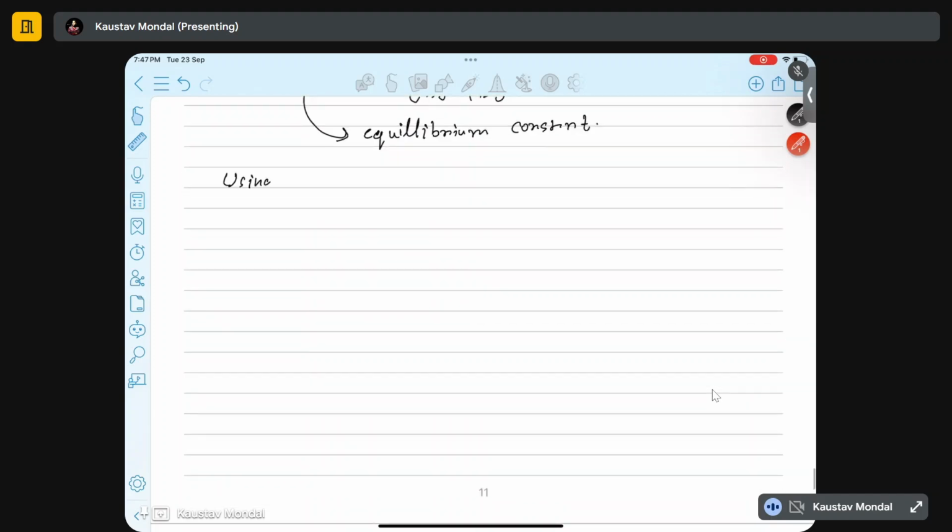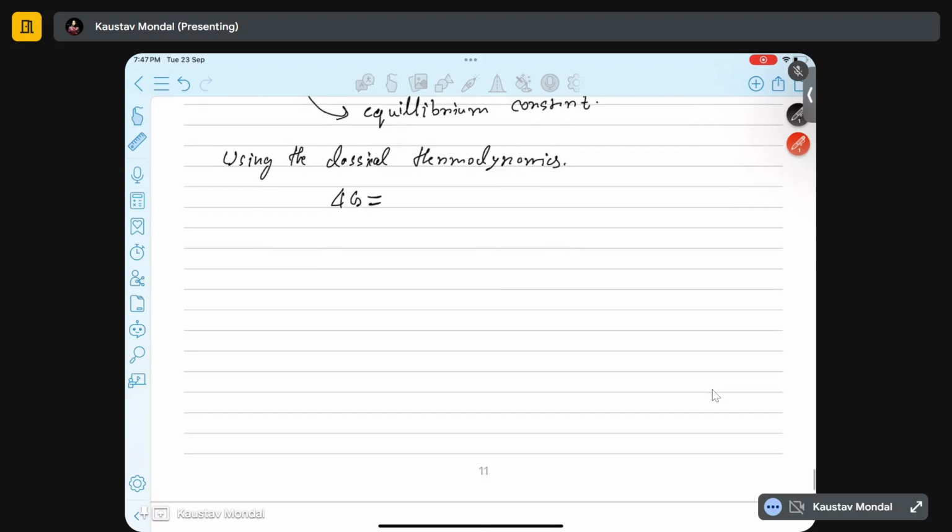Using classical thermodynamics, delta G, the change in Gibbs free energy at a particular temperature from absolute zero, is equal to delta G0 plus RT ln Q. Here delta G0 is basically the change in G at standard condition.